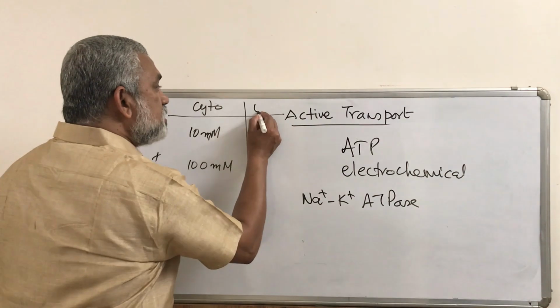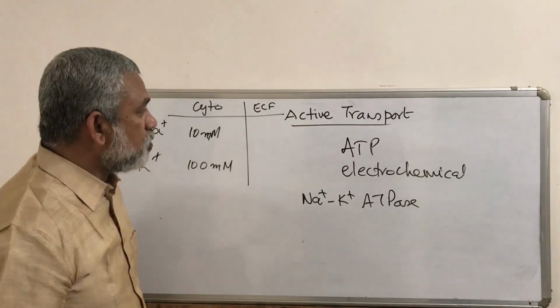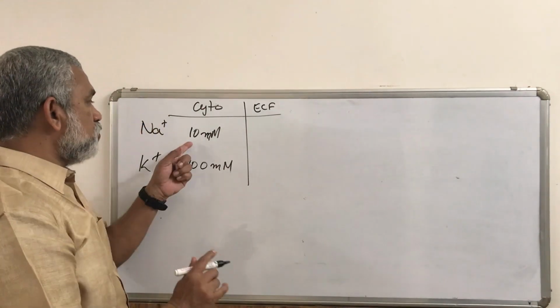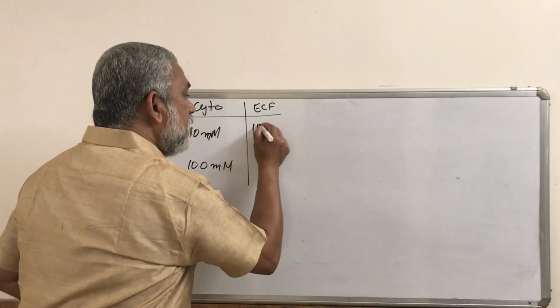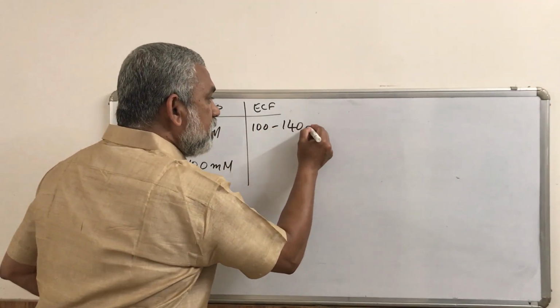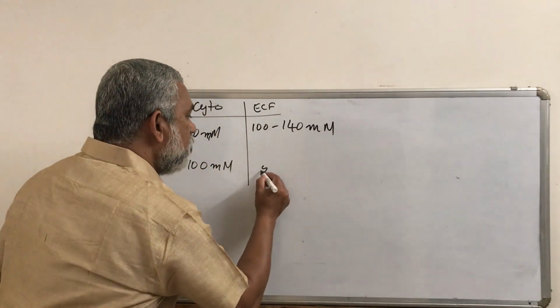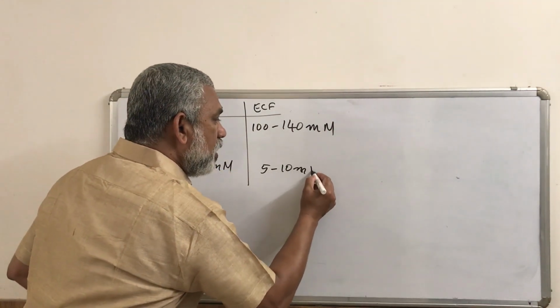In the extracellular fluid, this concentration is in reverse. For example, sodium level is about 100 to 140 millimolar and potassium level is about 5 to 10 millimolar.